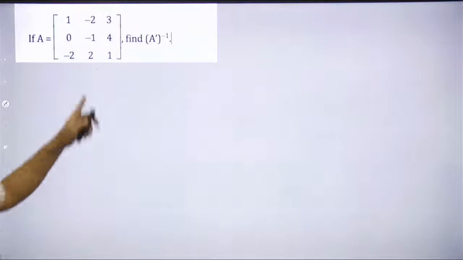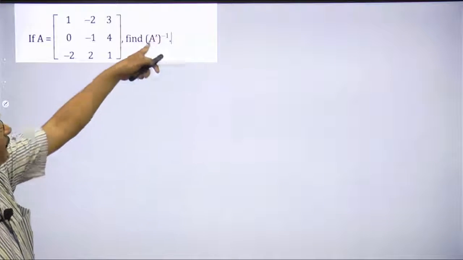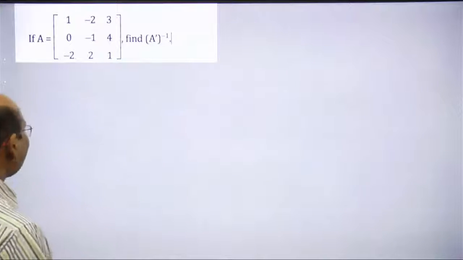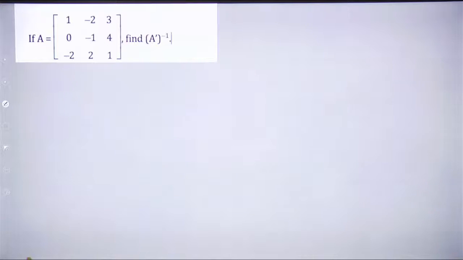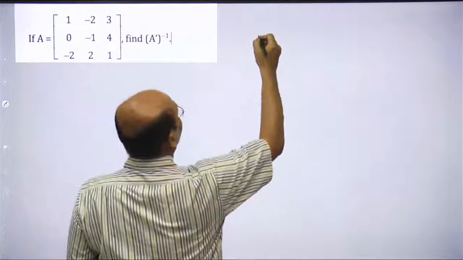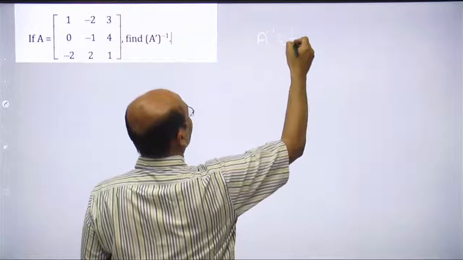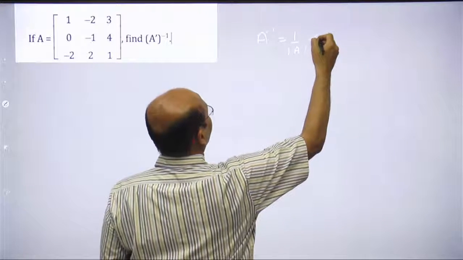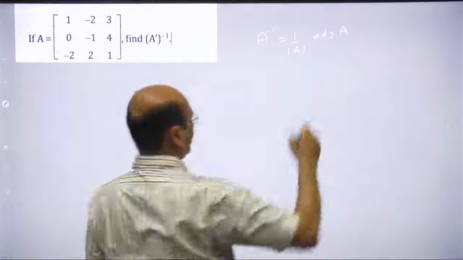The first point is they are telling us to find the inverse of a transpose. Now when I say inverse of a transpose, it becomes a little bit different, because I know A inverse is nothing but 1 upon determinant A into adjoint of A, no doubt about it.